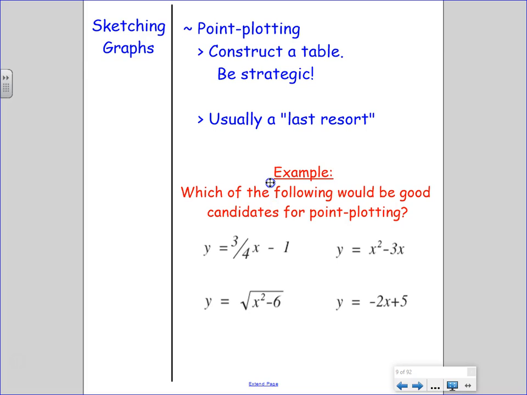Sketching graphs. You are going to be sketching some graphs in this homework. However, we will not have reviewed every single type of function before this homework.